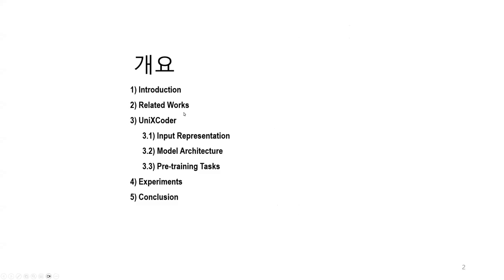This related work section has a lot of existing models which are used to compare and contrast with the proposed model on later slides. The third section will cover UniXcoder's actual input representation, model architecture, and pre-training tasks. Then we'll see the experiments and results in the fourth section. Finally, I will conclude the presentation.